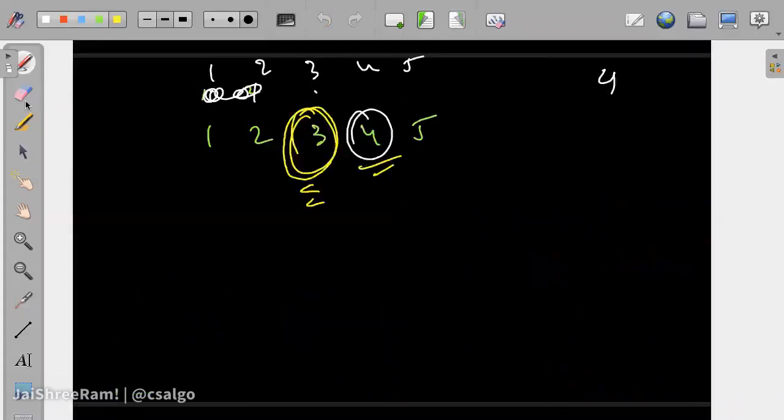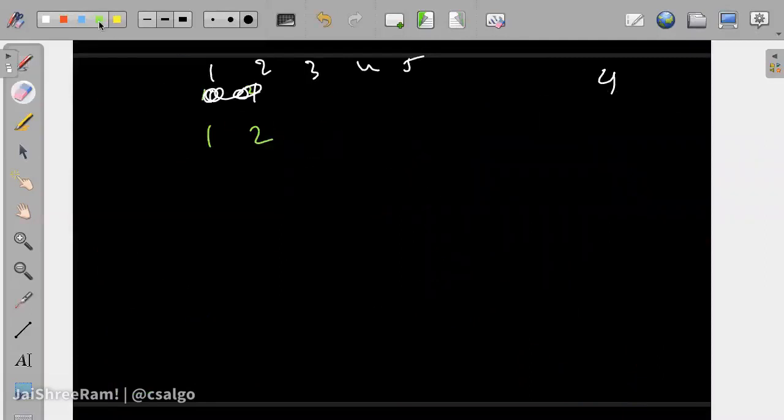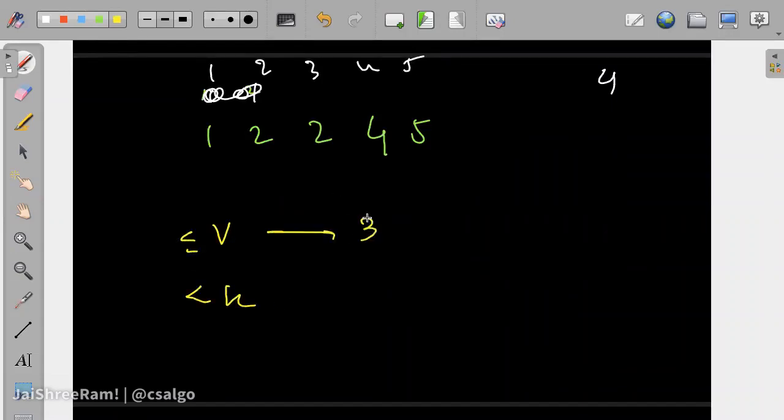So in case, let's assume that the array was something like this, 2, 4, 5. In this case also, if you search for the largest value V such that the number of elements less than equal to V is less than K, that would be 3. Why? Because for 3, the number of elements less than equal to 3 is equal to 3, and K over here is 4.